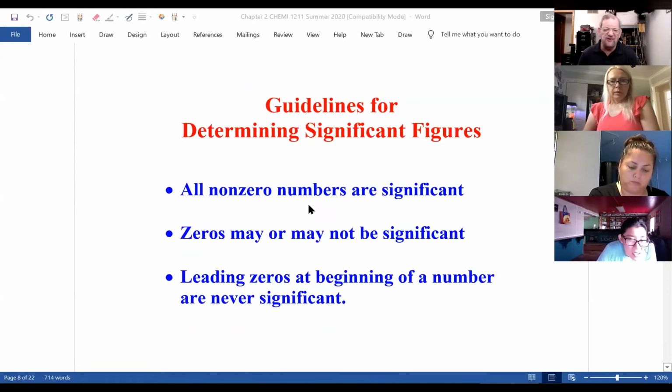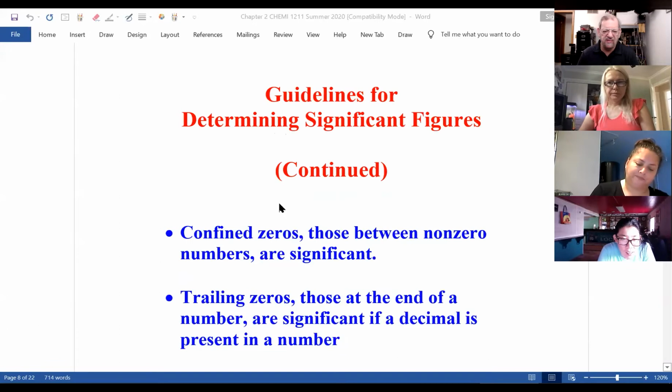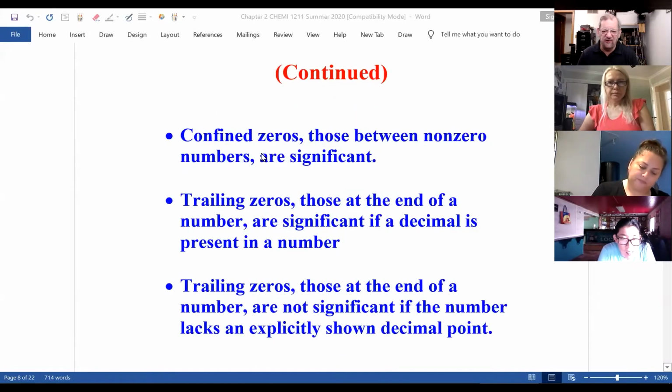All non-zero numbers are significant. Zeros may or may not be significant. Doesn't help you. Let's continue. Leading zeros at the beginning of a number are never significant. Confined zeros, those between non-zero numbers, are significant.